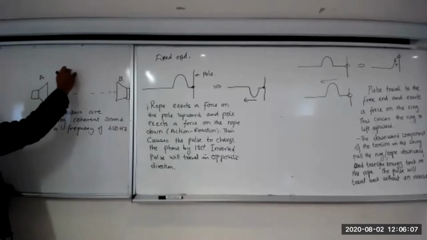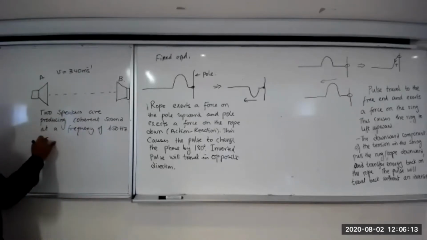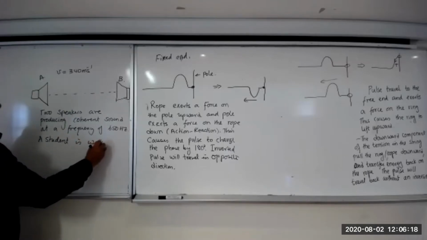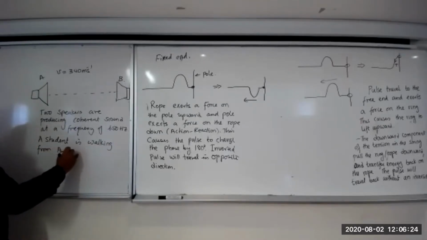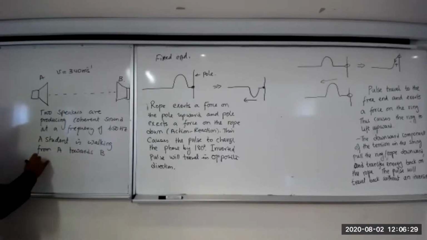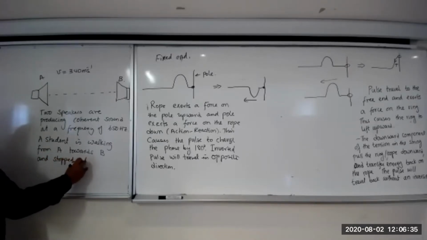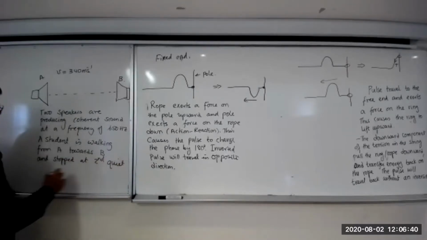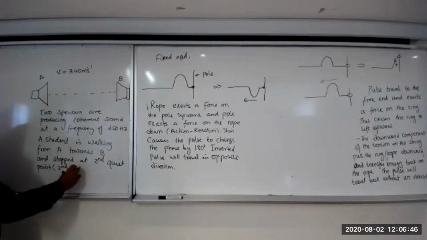The speed of sound is say 340 meters per second. A student is walking from A towards B and stopped at the second quiet point or minima, second node.